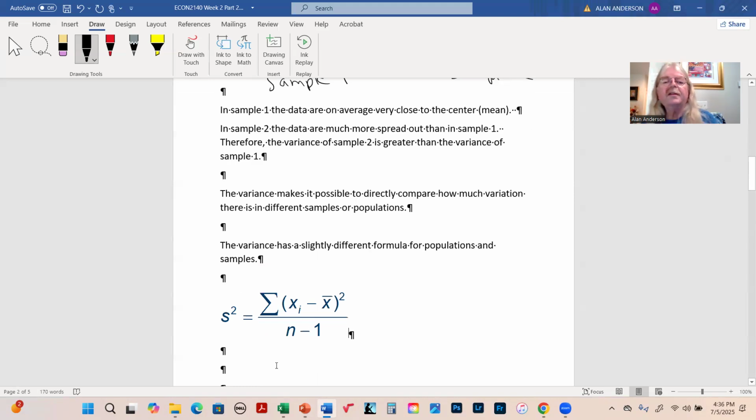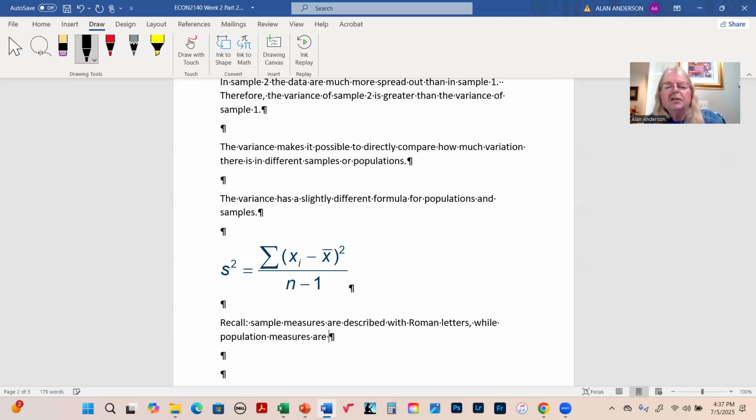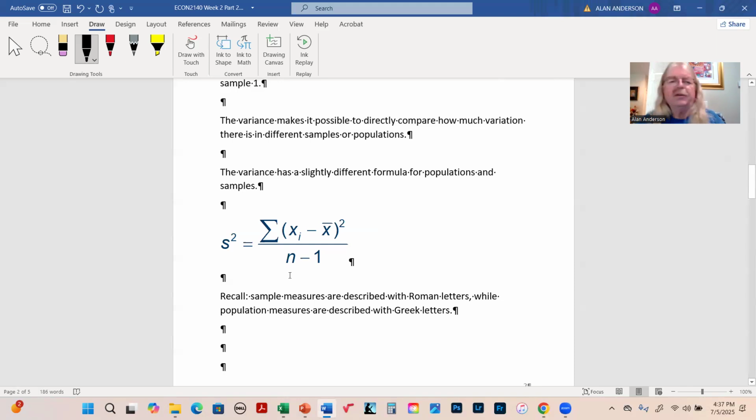And we remember we've already discussed that sample measures are described with Roman letters, while population measures are described with Greek letters. Okay, so this is the sample version right here.